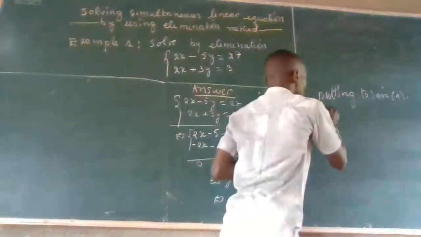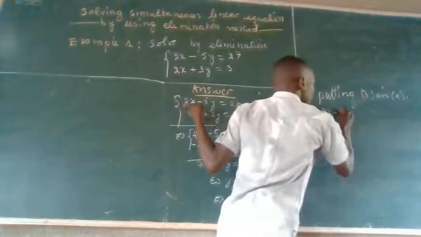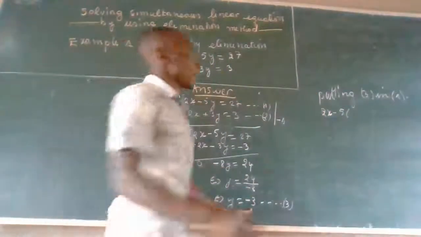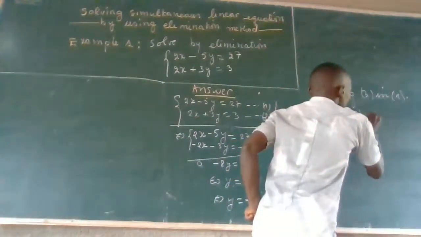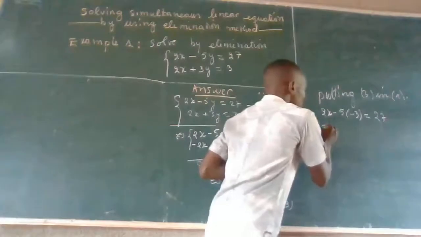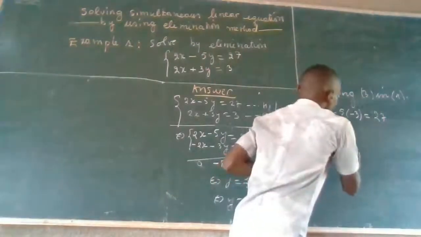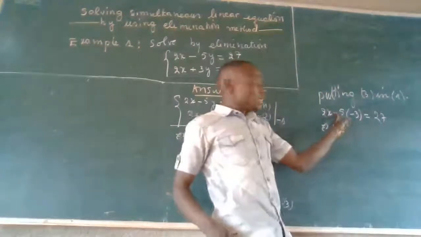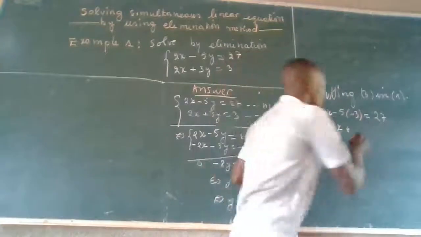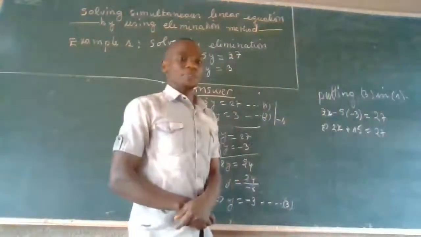Then it becomes 2x in equation 1, minus 5y, where y is replaced with minus 3, which is equal to 27. This is equivalent to 2x, minus times minus becomes plus, 5 times 3 becomes 15, which is equal to 27.